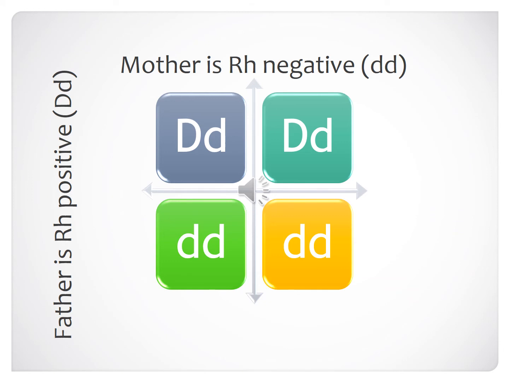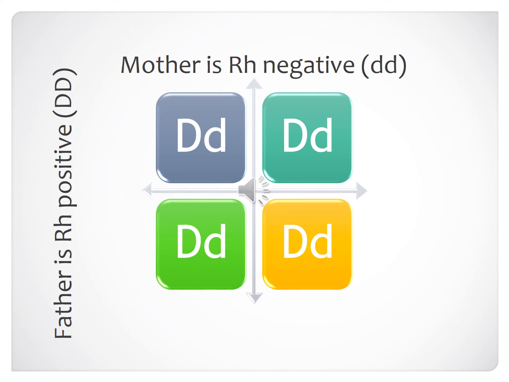So the mother is Rh negative, and then the father is Rh positive, but his Rh positive is heterozygous. So that means he has an upper and lowercase d. So then that means that the baby has a 50% chance of being Rh negative and a 50% chance of being Rh positive, correct?